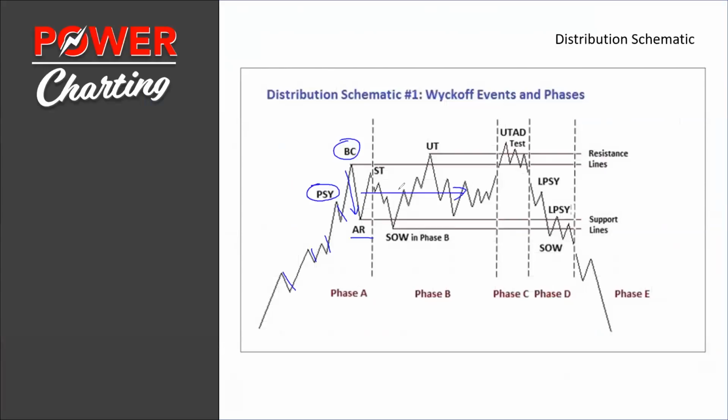So we have resistance at the high of the buying climax and support at the low of the automatic reaction. Thereafter, we have a series of range-bound rallies and reactions that are either going to produce a reaccumulation for another move up or a distribution for a move down. In this particular case today, we're going to talk about the distribution phenomenon.